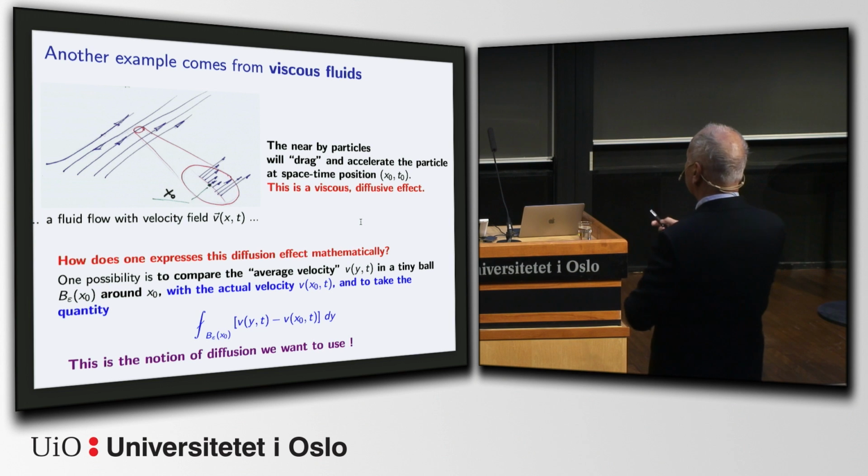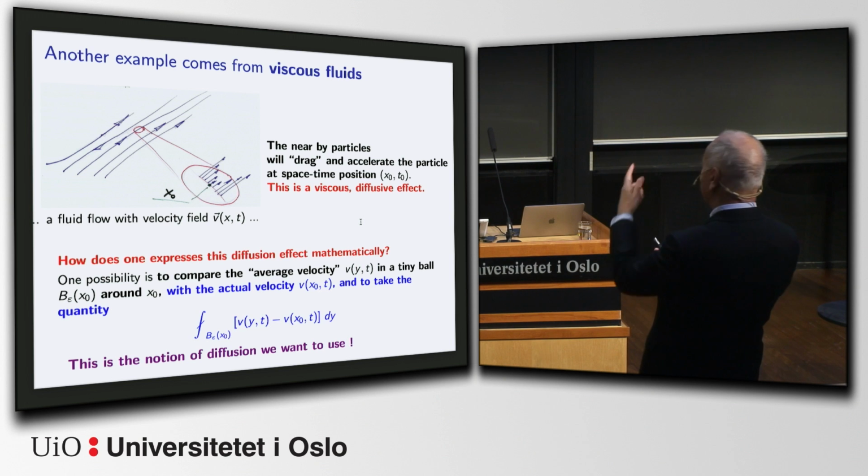over B epsilon of x0. In other words, I am at x0 and I look at the little neighborhood; this y is in a little neighborhood around x0, and you are looking at the velocity in this little circle, little because there is this epsilon there.